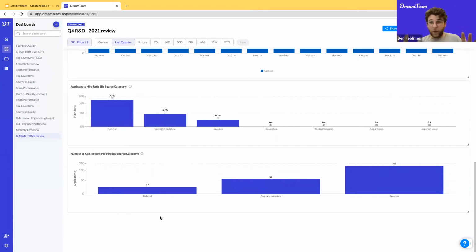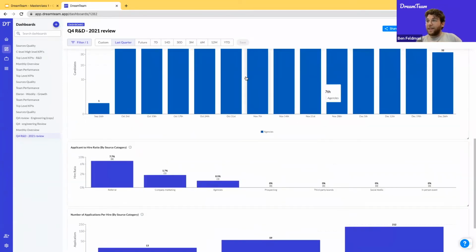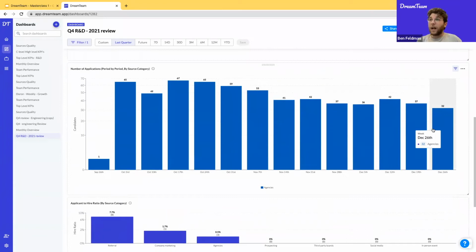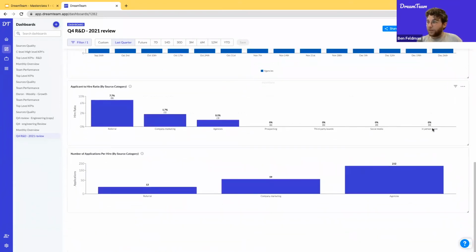I just want to give a quick disclaimer. All of this data is fake, so I'm not actually advocating for or against any types of things. It's just important to say. Okay, so this can be quite interesting, right? It means that there may be a significant decrease within our applications from agencies, but I don't know how significant that impact actually is.